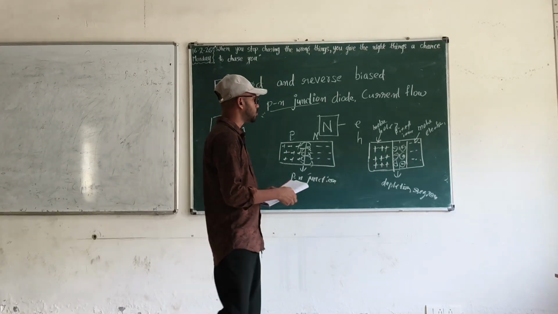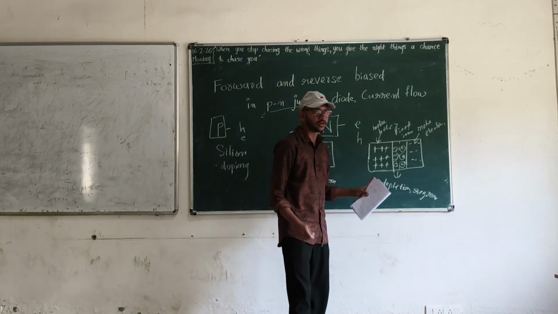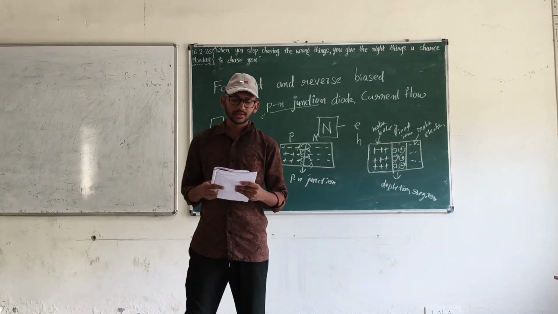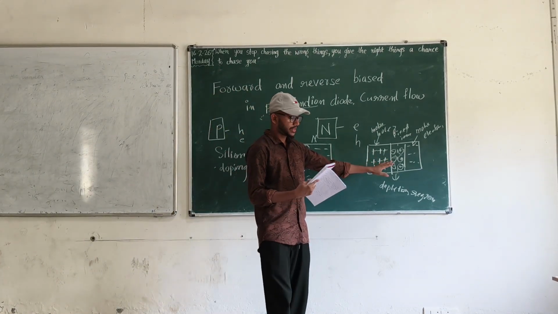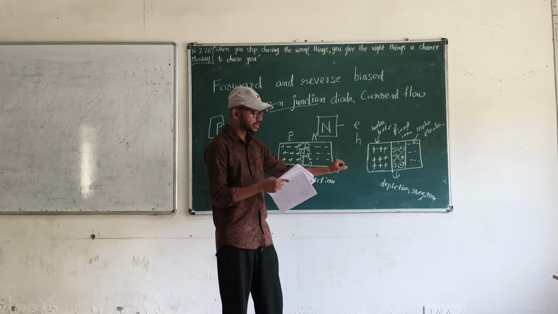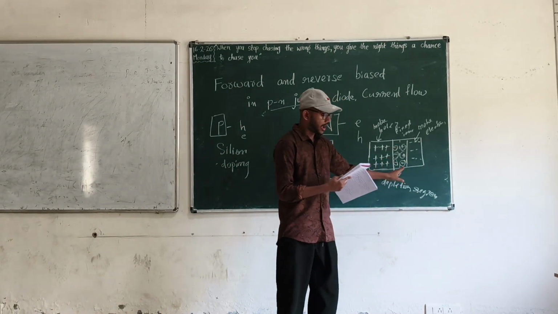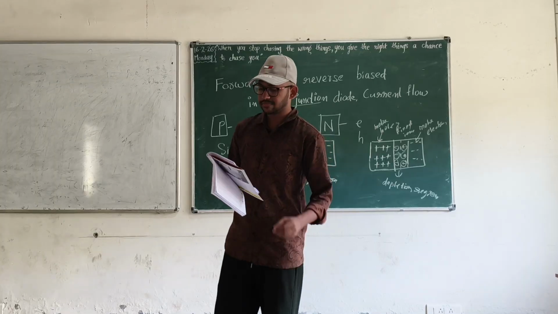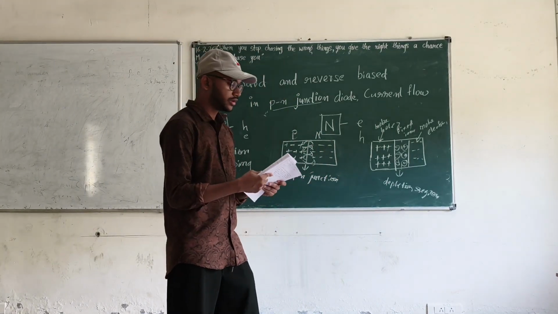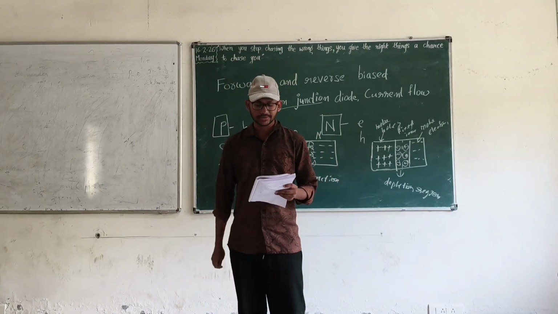And its width is about 1 micrometer, that is 10 to the power -6 meter. Because electrons leave, the n side near the junction becomes positively charged due to the uncovered donor ions, and the p side near the junction becomes negatively charged due to the uncovered acceptor ions.